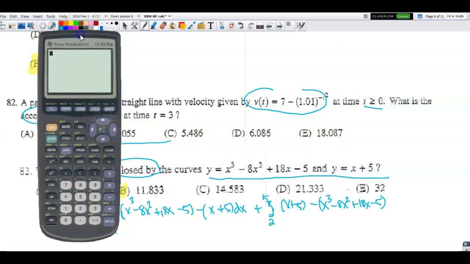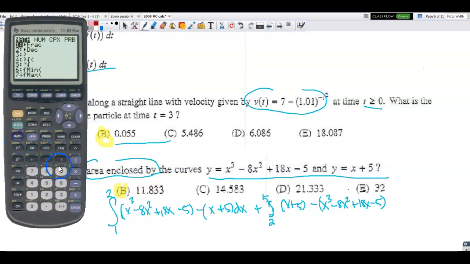Second quit. And so I'm going to do a math 9, which is integrate, and my first function is in y1, or the cubic is in y1. So I'm going to call y1 up over how my calculator does it, minus bars, or however your calculator calls up. If you have shortcuts, you should know what those are.